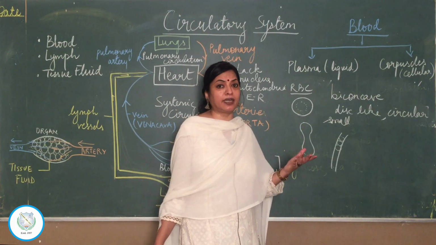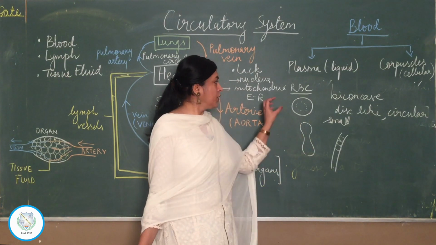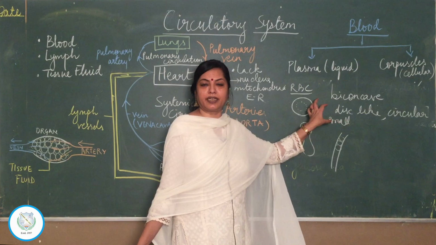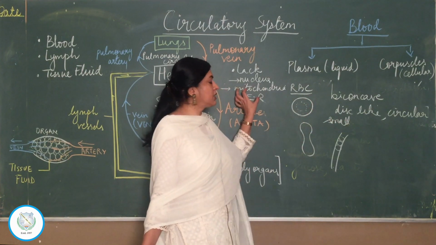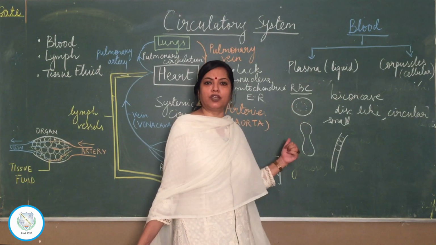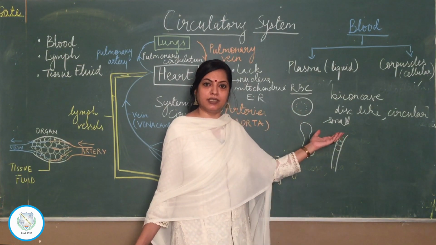This is happening at its maturity when the RBC is ready to deliver oxygen. So absence of nucleus makes it biconcave so that it can take up more oxygen. Absence of mitochondria enables it not to use any oxygen for itself and to transport all of it to the needy cells.